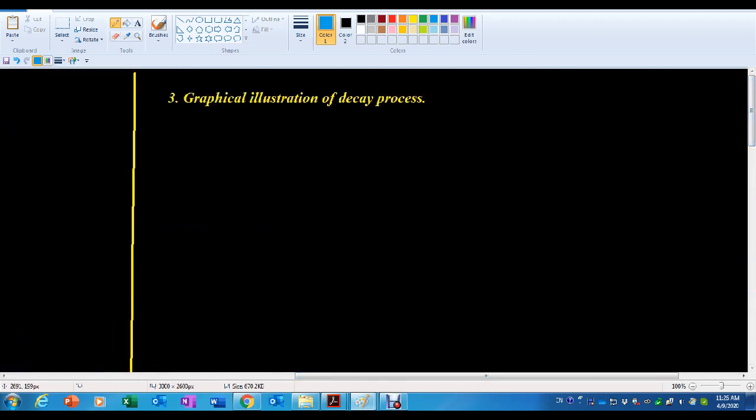Okay, so we have had the definition of half-life, and also we have some visualization. But how about if we use a graphical way to represent the decay process, then what happens?